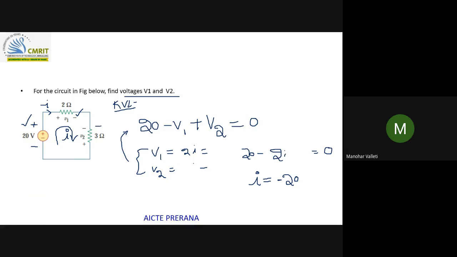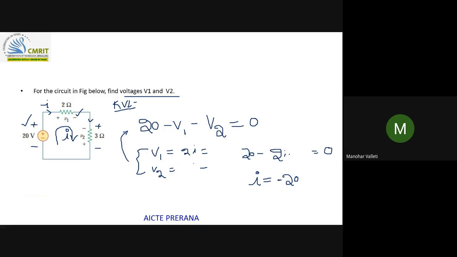As per your concepts, we will follow. Later we will find V2. So wherever current is entering there is plus, wherever leaving there is minus, accordingly. So this will also be minus. So 20 minus V1 minus V2 equal to 0.